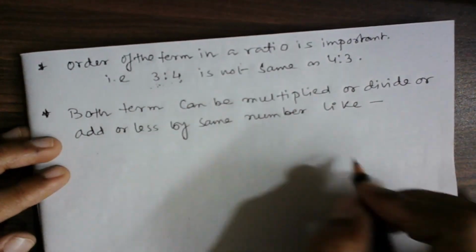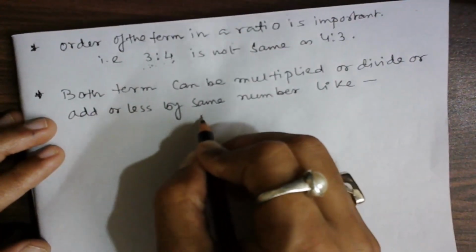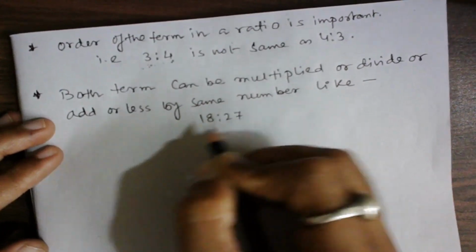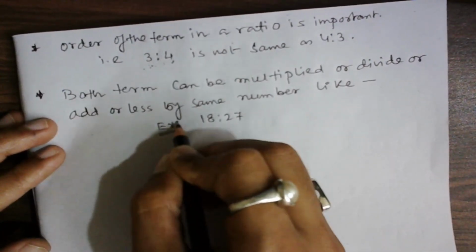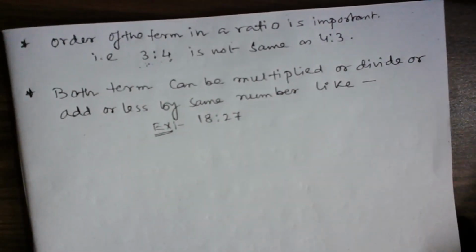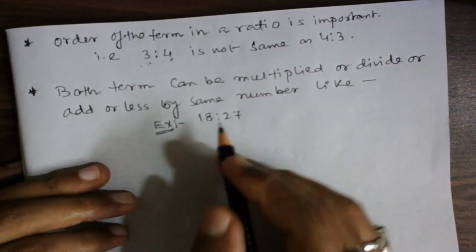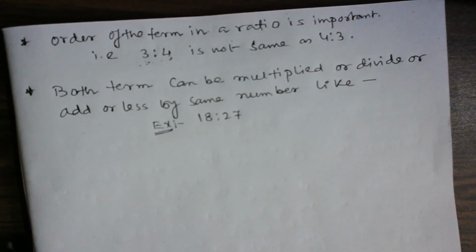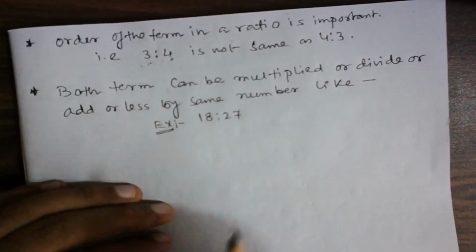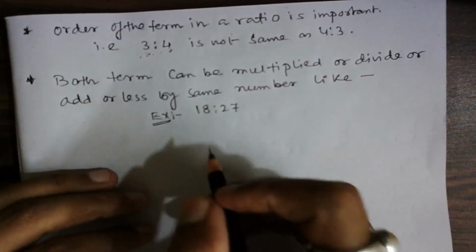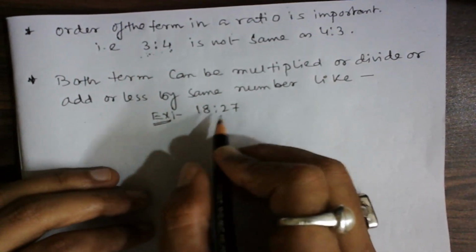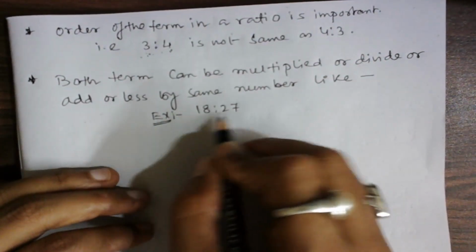Like, let's say your ratio is 18:27, for example. Now I want to make it a smaller ratio, छोटा करना है मुझे, so what am I going to do? Sir, what is a common factor between them?